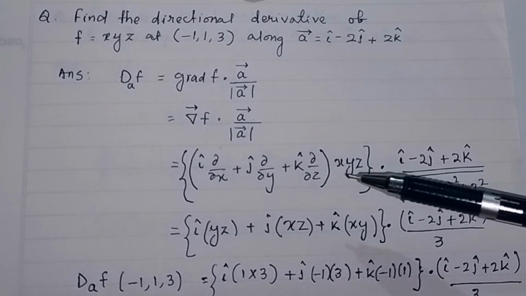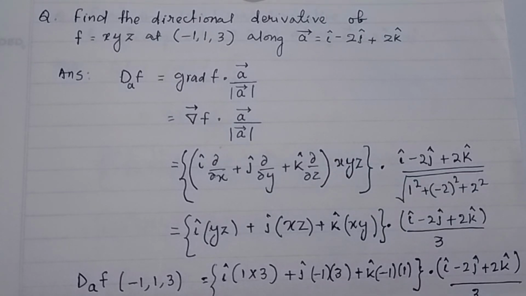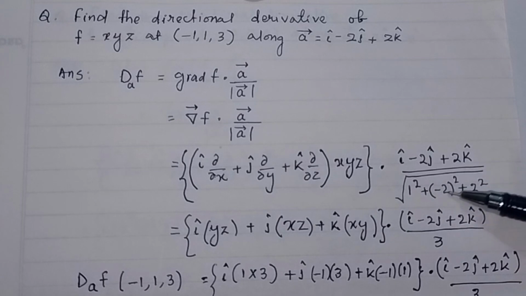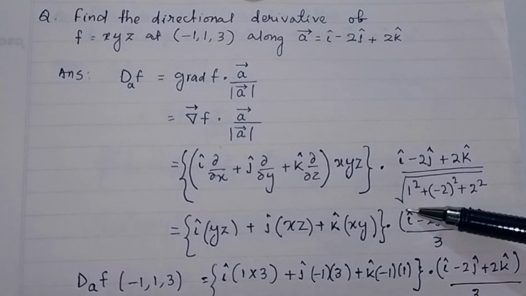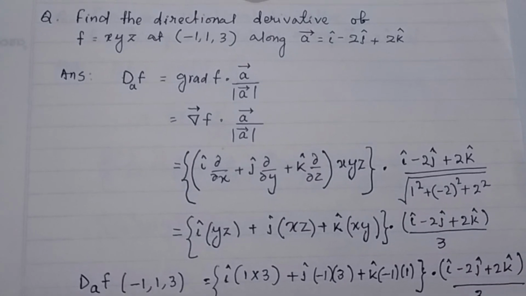That means the partial derivative of xyz with respect to z is xy. And solving the denominator, 1 squared plus 2 squared plus 2 squared is 1 plus 4 plus 4, so the square root will be equal to 3.